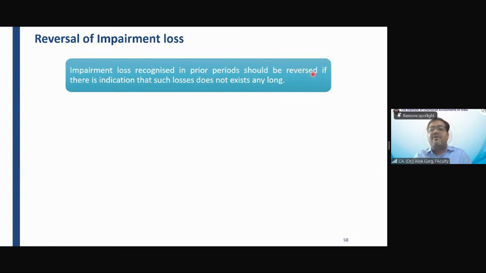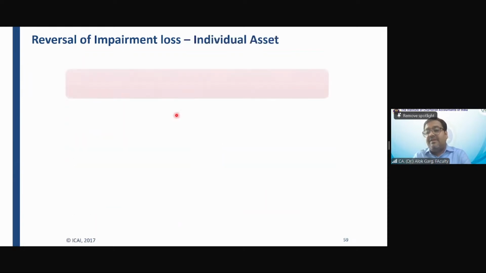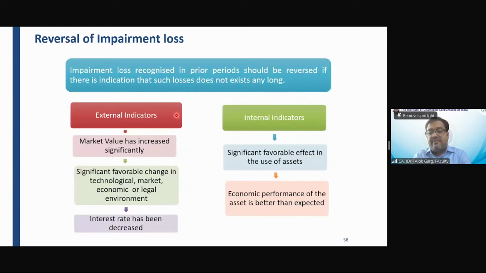prior period should be reversed if there is indication that such losses do not exist any longer, right? What are the indicators? External indicator, internal indicator. We have discussed the external indicator was market value has significantly declined in case of impairment. But now it says that market value has increased significantly. It is just a replica, right?